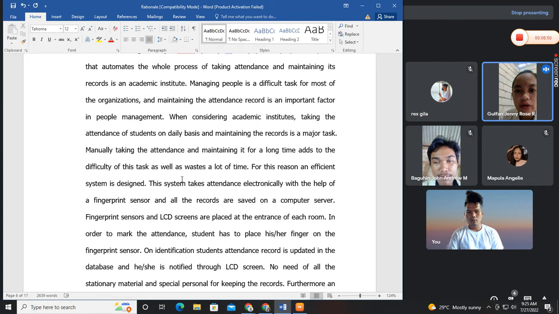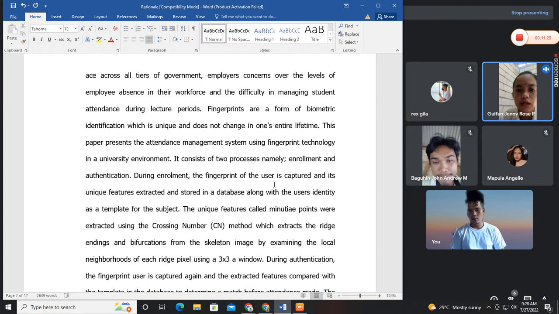It consists of two processes, namely enrollment and authentication. During enrollment, the fingerprint of the user is captured and its unique features are extracted and stored in the database along with the user's identity as a template of this subject.